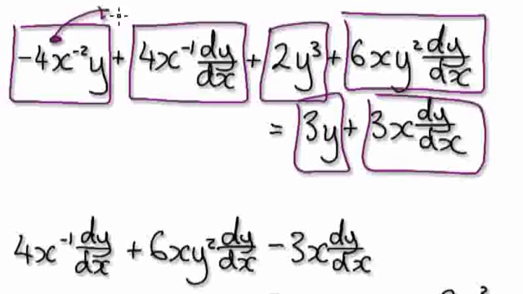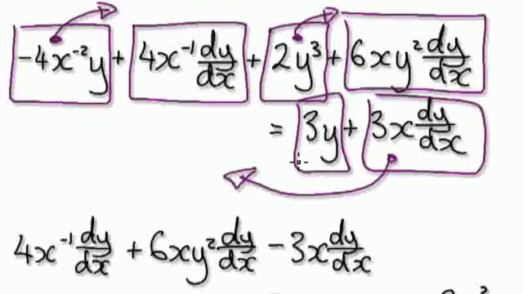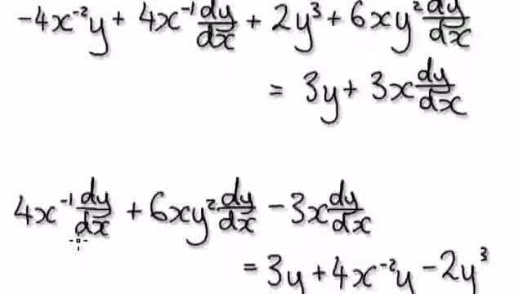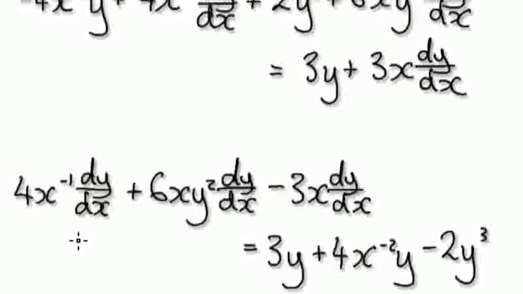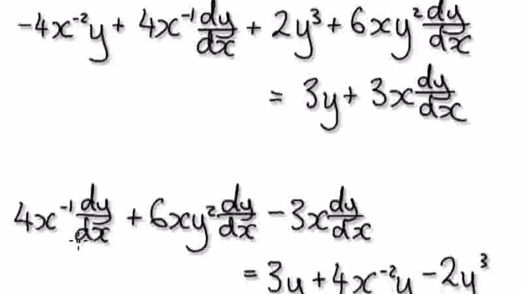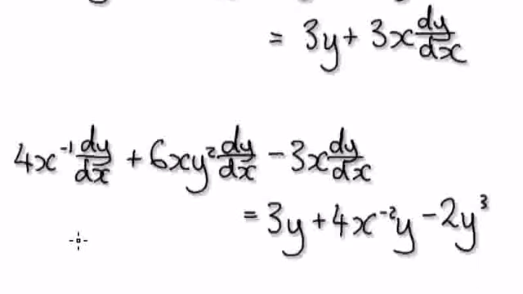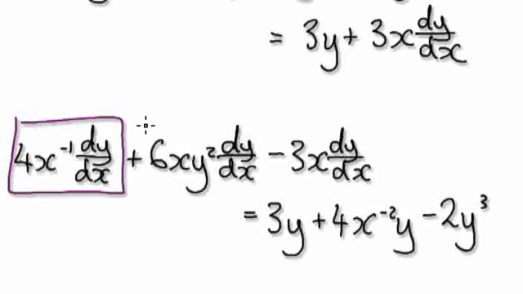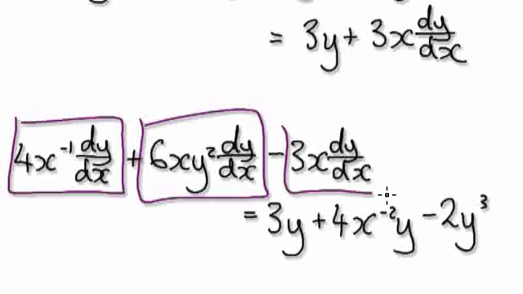So this one here we're going to move to the other side, this one here move to the other side, and this one here we're going to move to the left hand side. Okay, so this will then give you this. From here you've got one block, then this block, and this block.